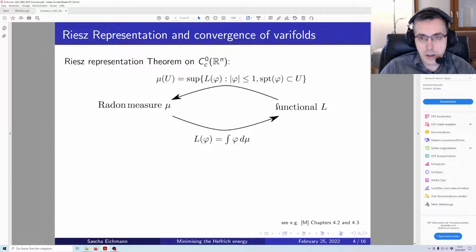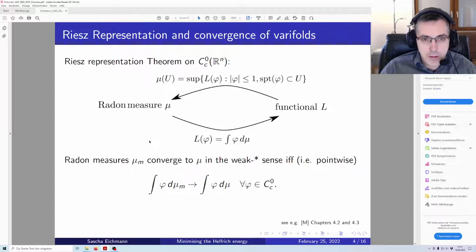If you have a linear functional, you can define a Radon measure like this above here for a given open set U. And then, of course, since Radon measures are uniquely defined by giving the values on all open sets, you have a Radon measure.